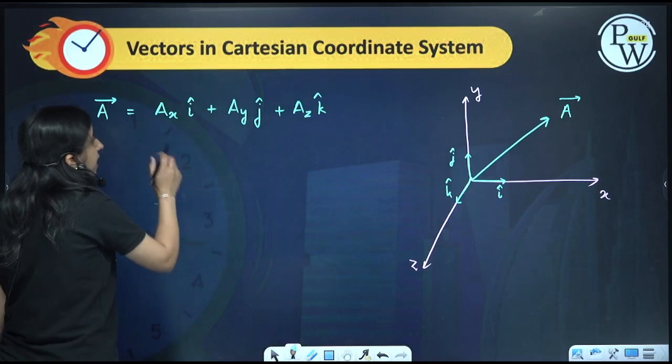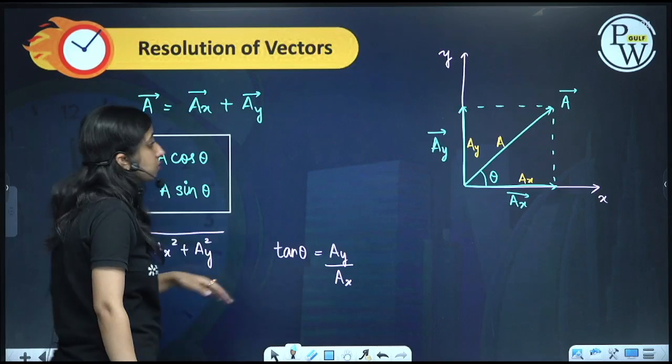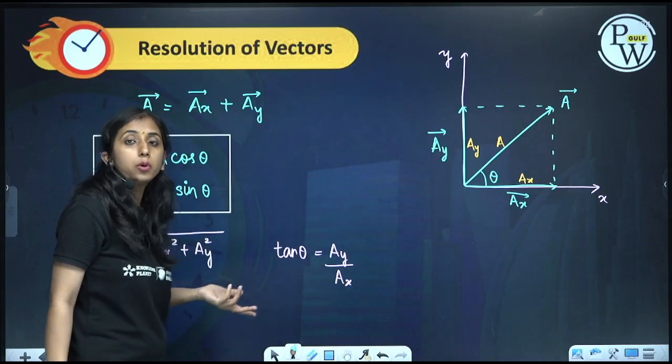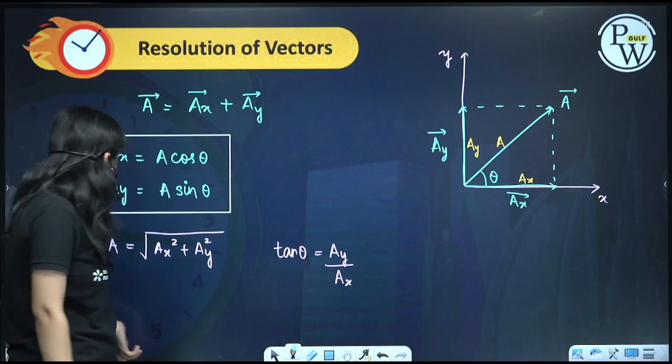Now what are Ax, Ay, Az? We just saw that if I have a vector in 2D, I can resolve it into two components along the axes x and y.